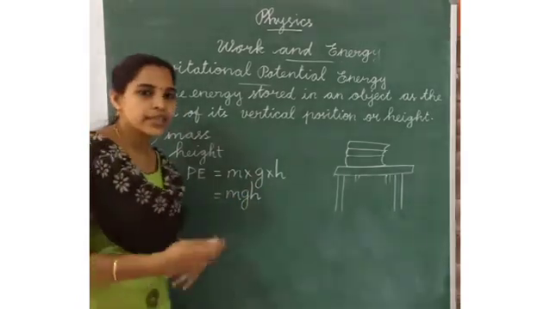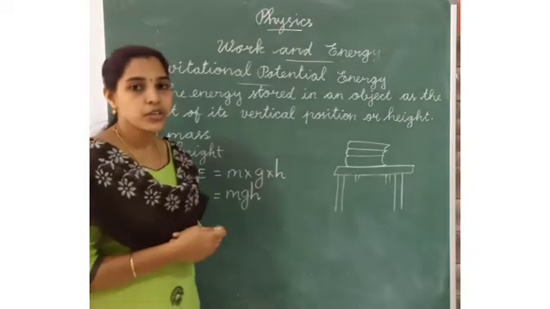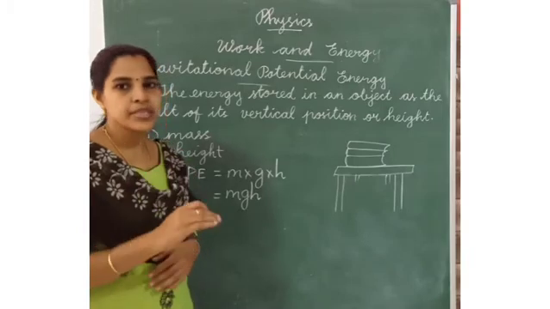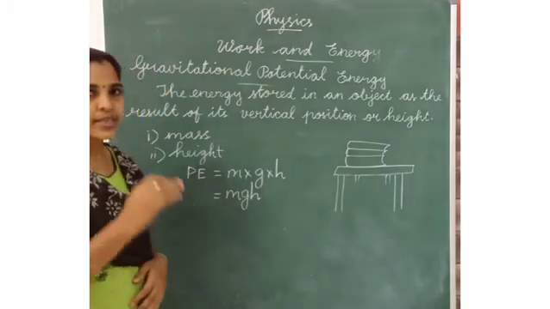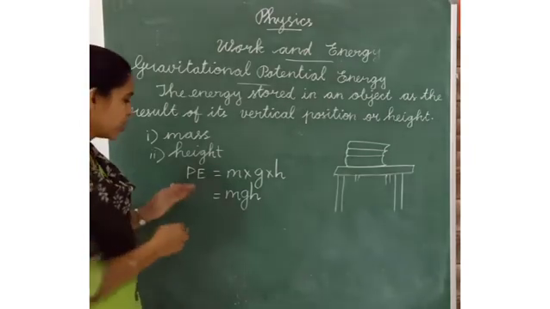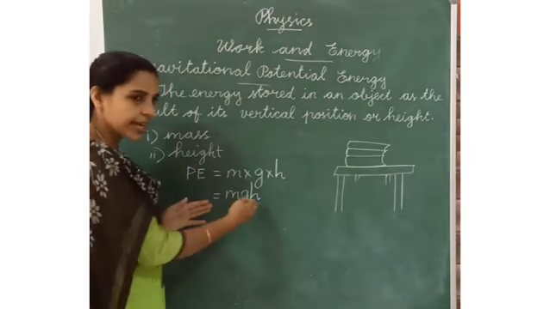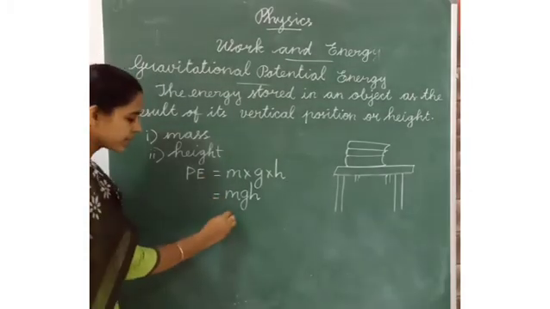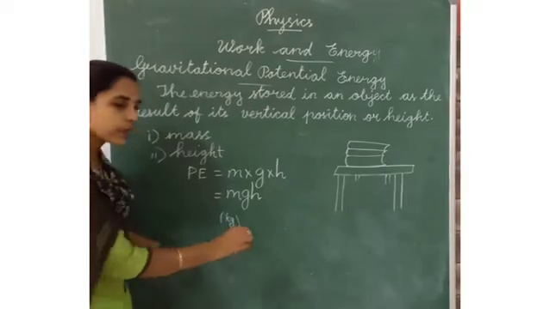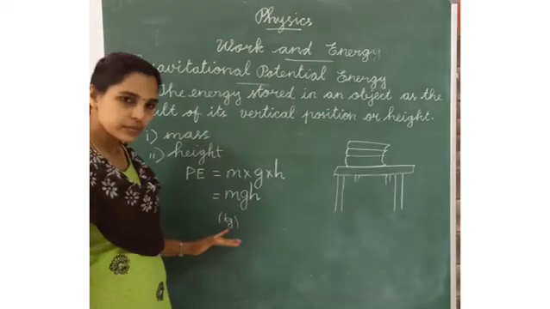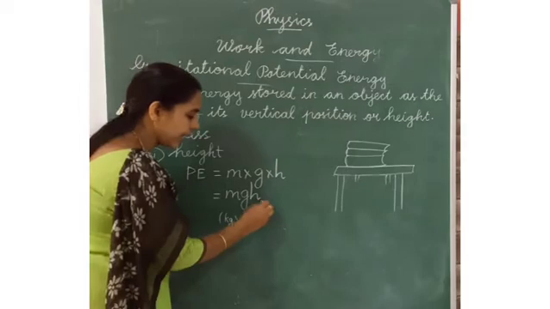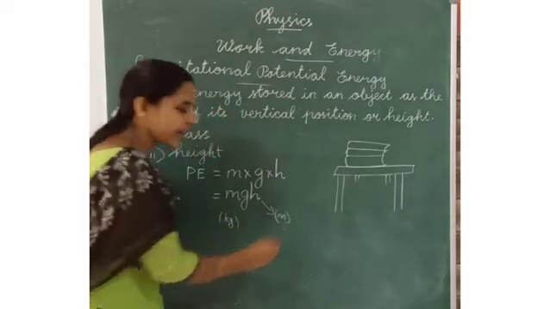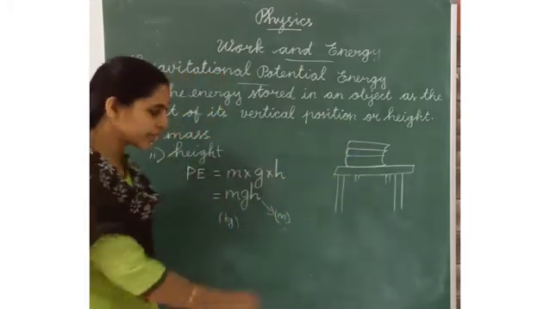To find the kinetic energy, which formula do we use? 1 by 2 m v square, where m is the mass and v is the speed. To find the potential energy, m g h. m is the mass of an object in kilogram, and h is the height of an object from the ground level in meter.